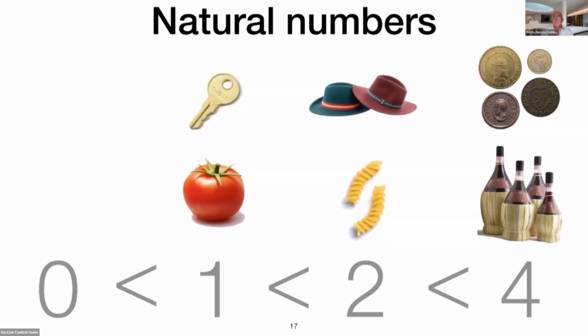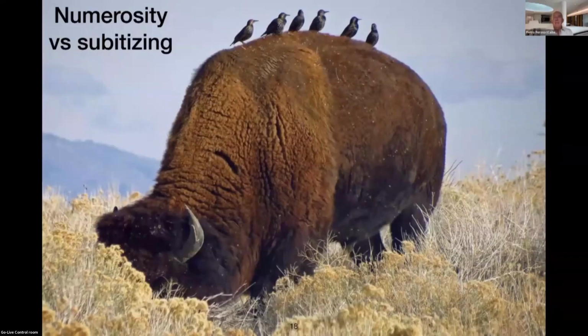Now, although you can think of this abstraction as completely mathematical and linguistic, in fact, it's very connected with vision, and psychologists know it. They talk about numerosity, estimation, and subitization. So if I ask you how many buffaloes you see, you would say one.